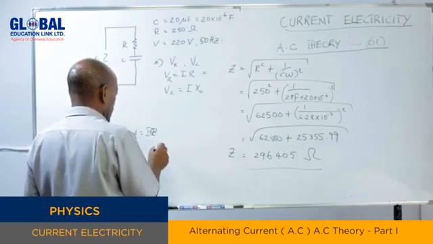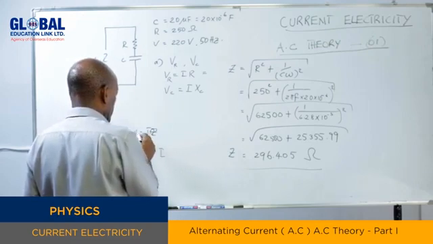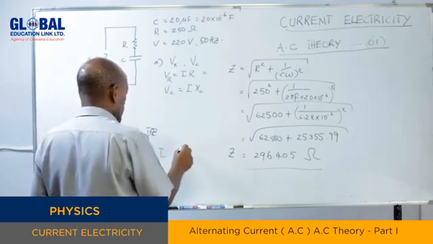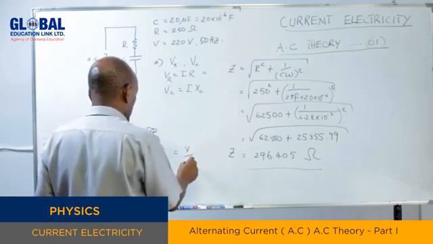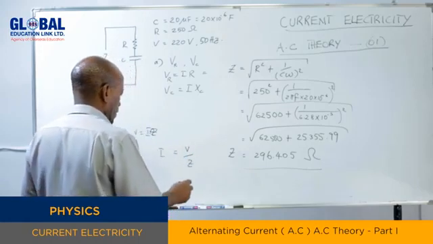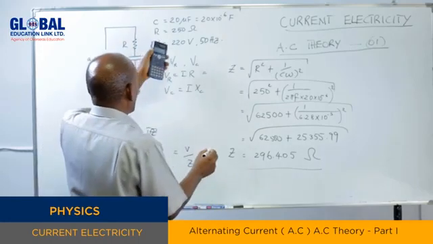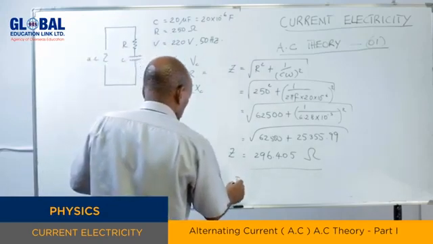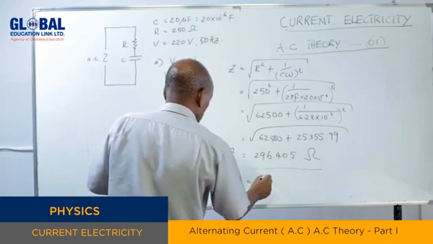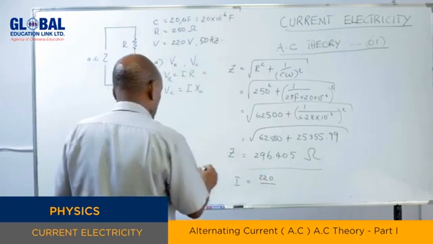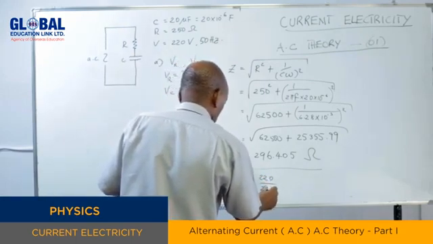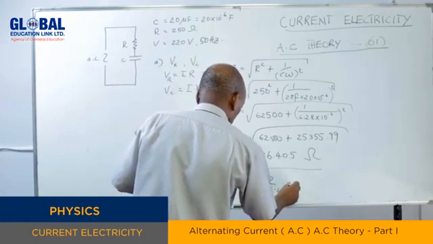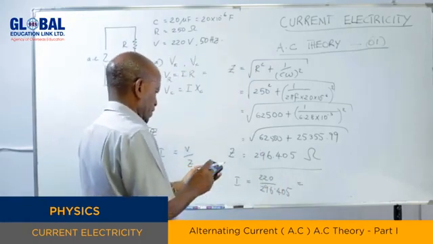The current I will be equal to the total voltage, that is 220, divided by the total impedance, which is 296.405.